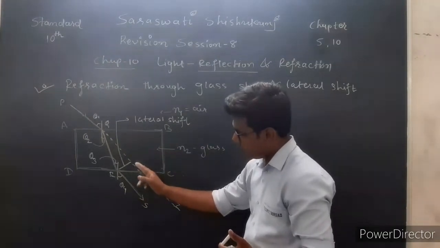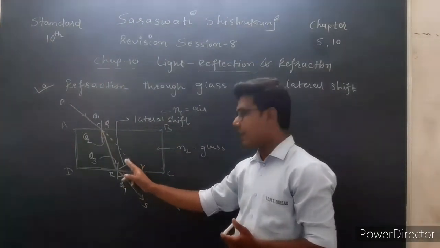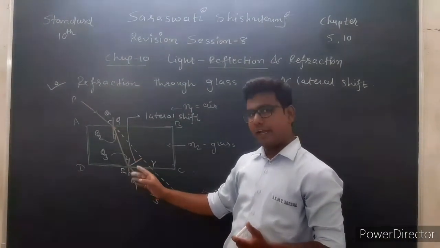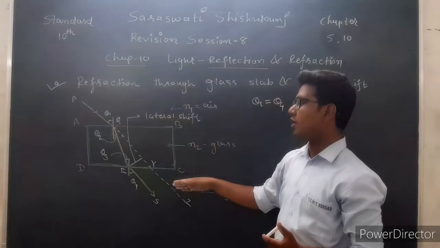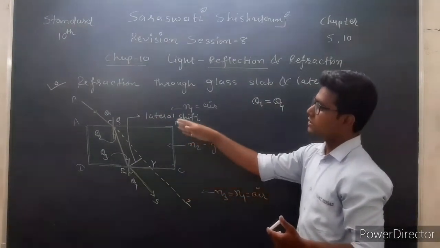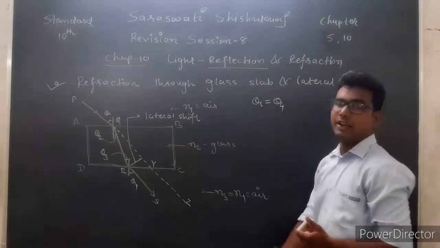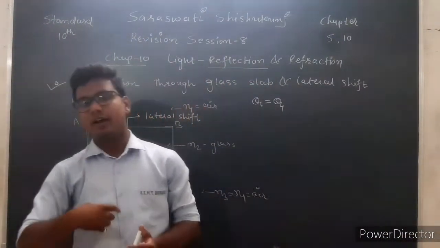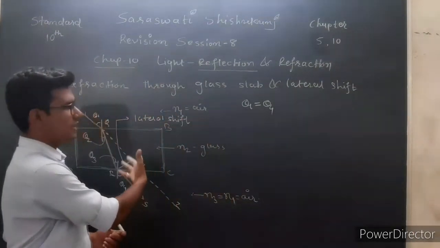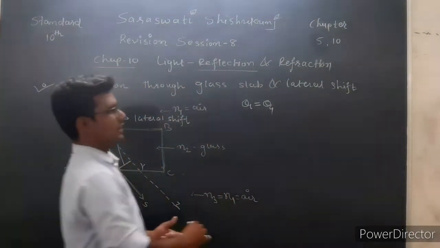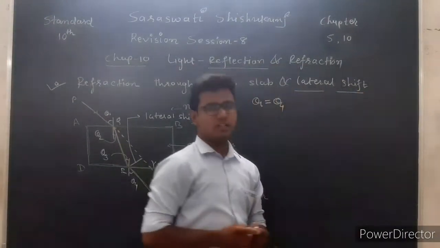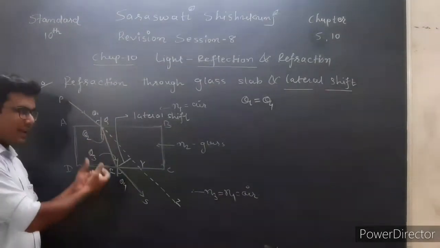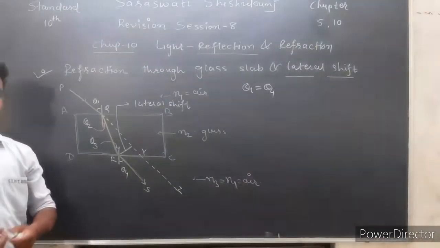Now, as we can see, both are parallel to each other, and the perpendicular distance between the emergent ray and the ray which has not changed its direction is called our lateral shift. So this question can be asked for 3 marks. We have to draw the figure, explain the experiment we have done, and also write the definition of lateral shift. So this way you are going to prepare this question, and it is a very easy question and very important for your exam also.